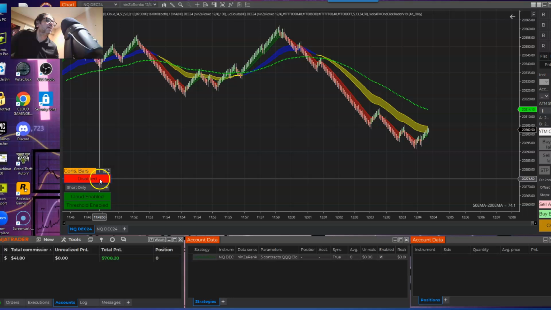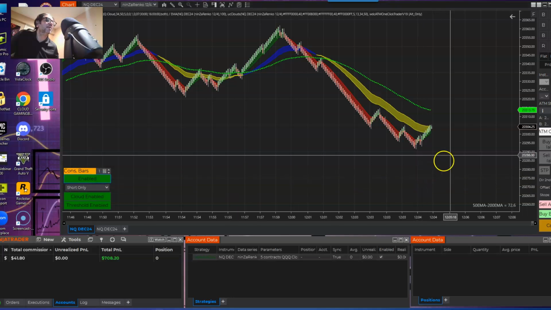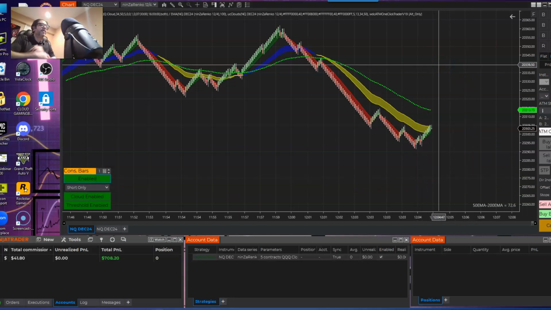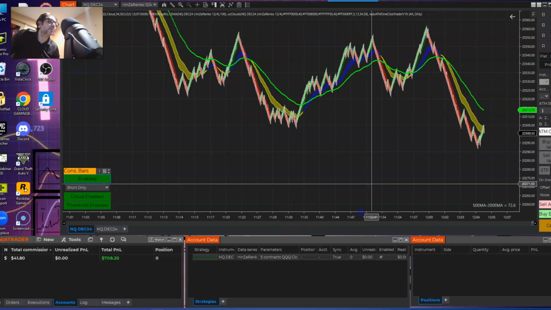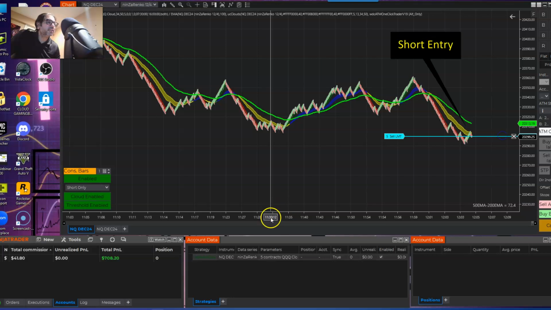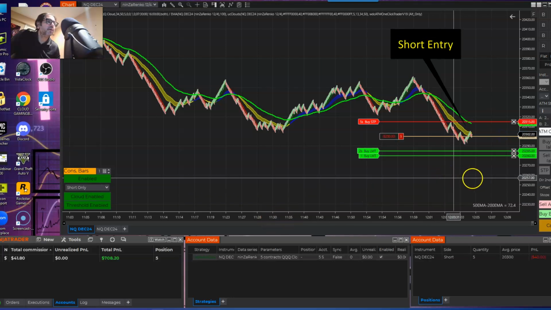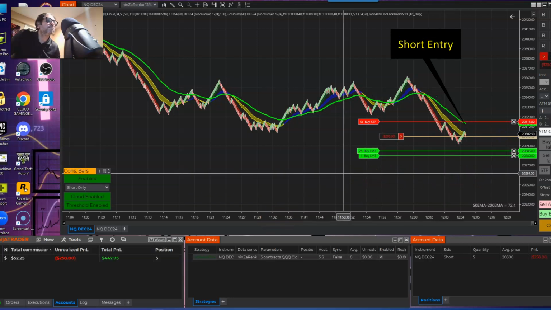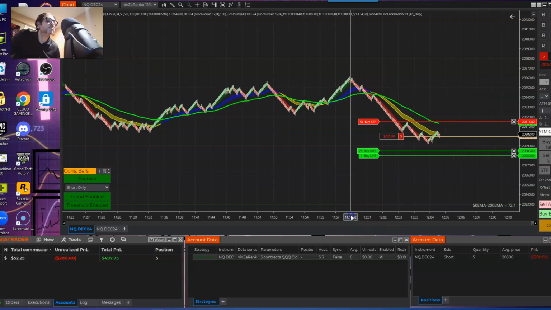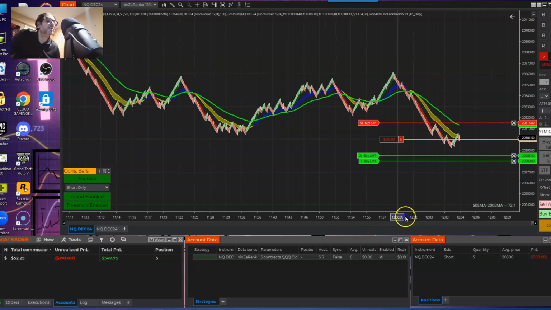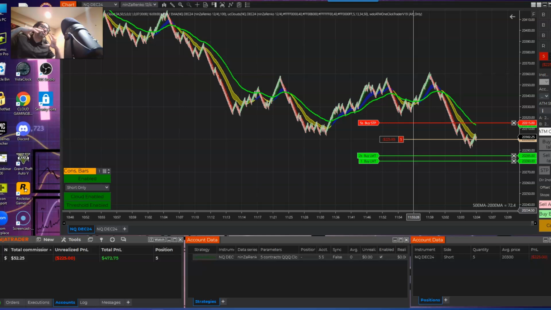Okay, get me in. All right, so I enabled it, and I'm only looking to get into short. The reason is the conditions are there, and when I say conditions, I mean not just the chart structure itself, but also the components of NQ, right?